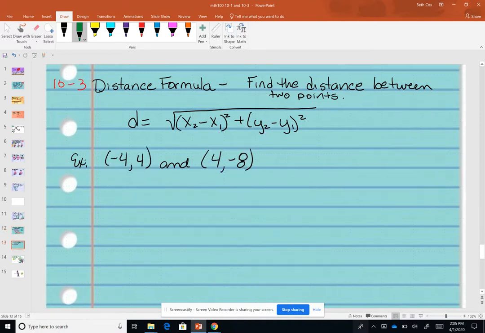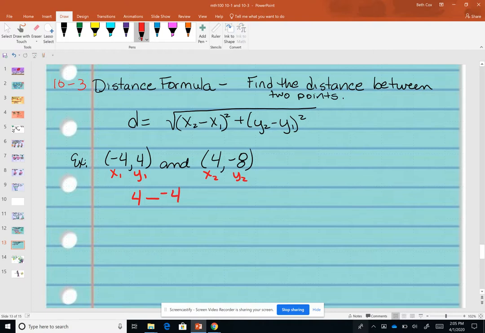All right, let's do another one. All right, here we go. So for this one, again, my x1, my y1. This is x1, this is y1, this is x2, this is y2. I'm going to put it in my formula. I'm going to do 4 minus a negative 4.